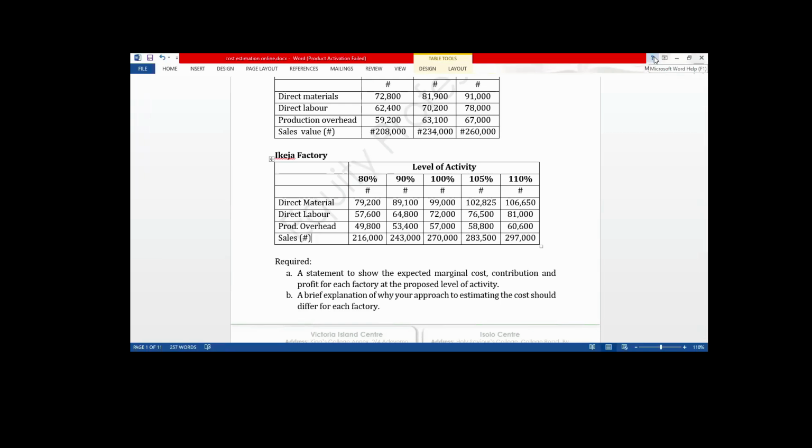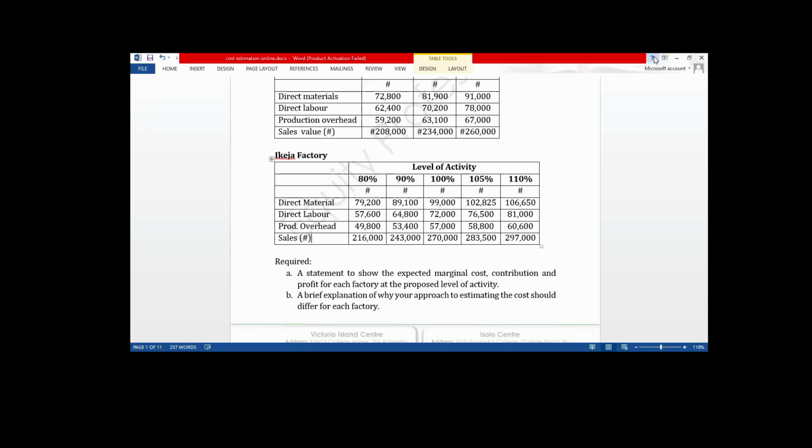If you are to define marginal cost, there are two perspectives to the marginal cost definition. From the viewpoint of the accountants, marginal cost is all the variable costs incurred.